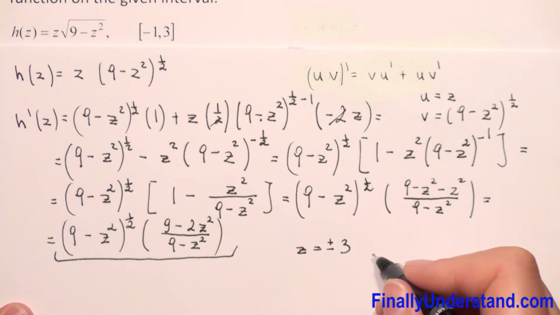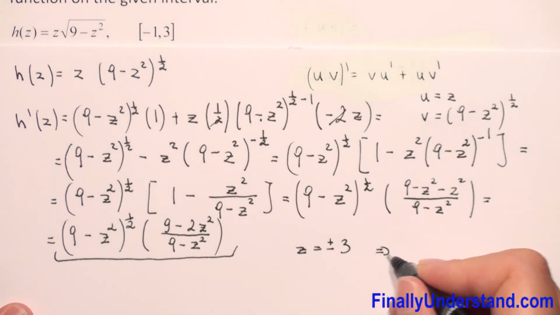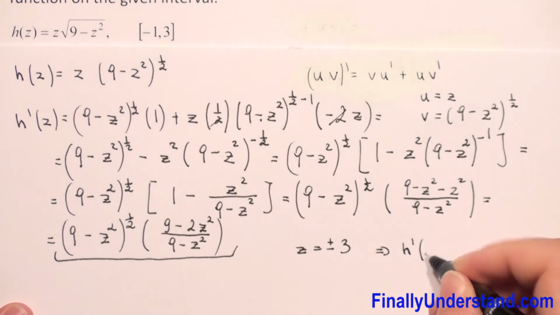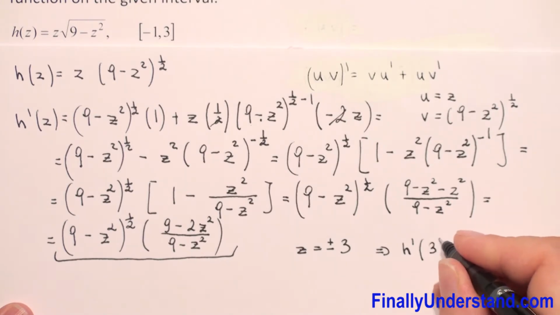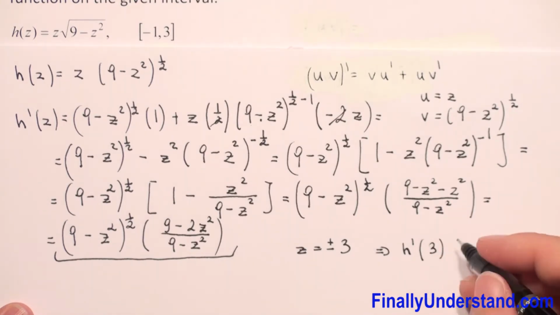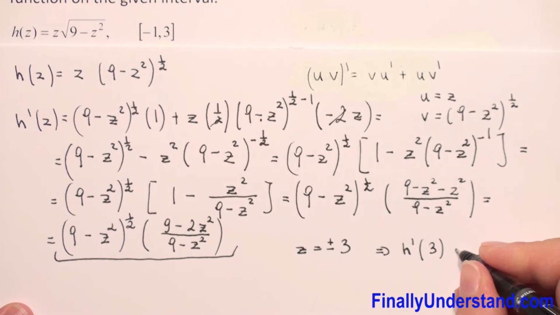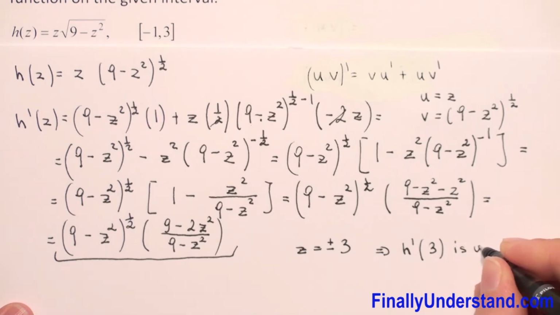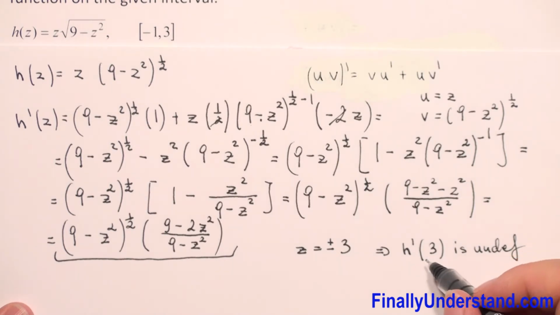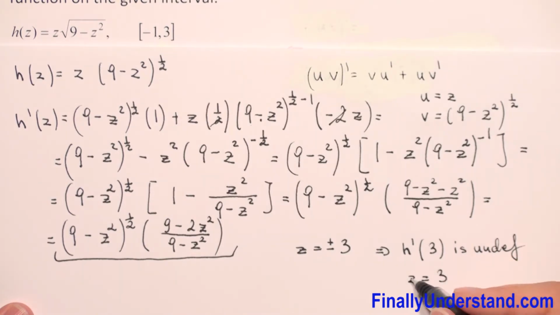So only at z equals 3 our derivative is not defined, it doesn't exist. So for z equals 3 we have the first critical point.